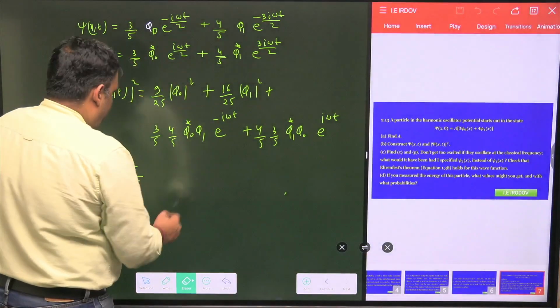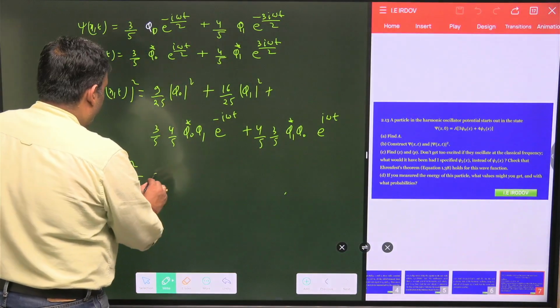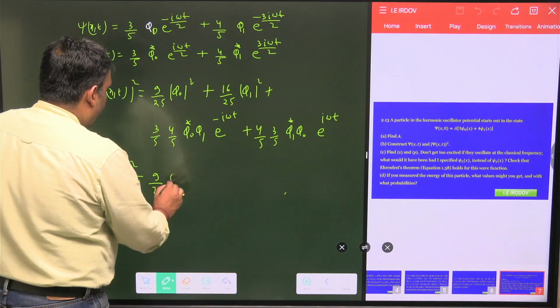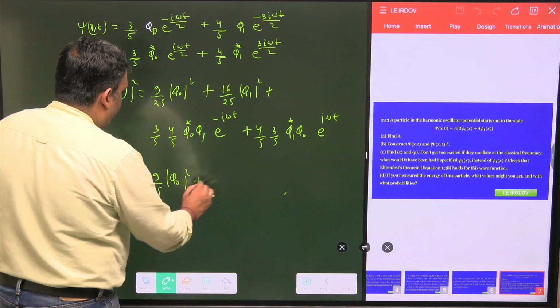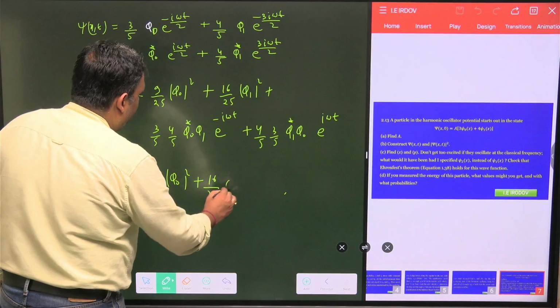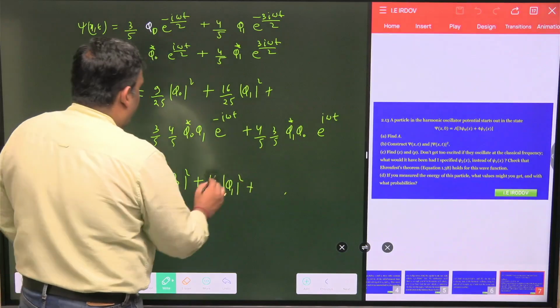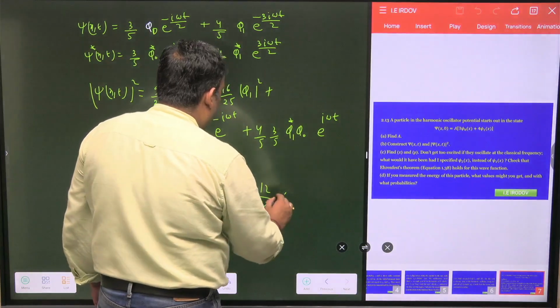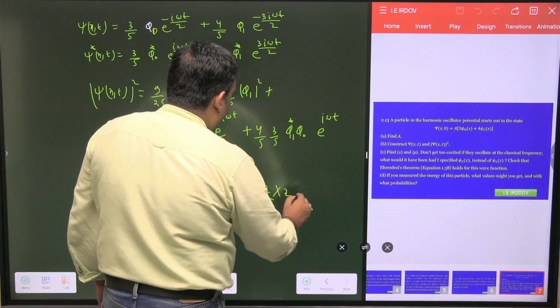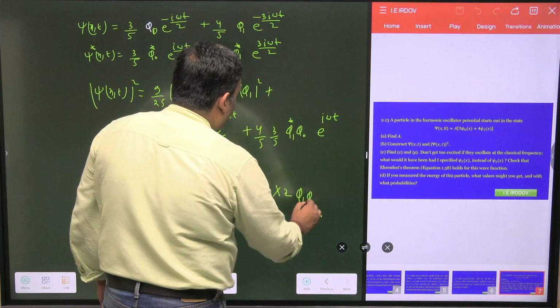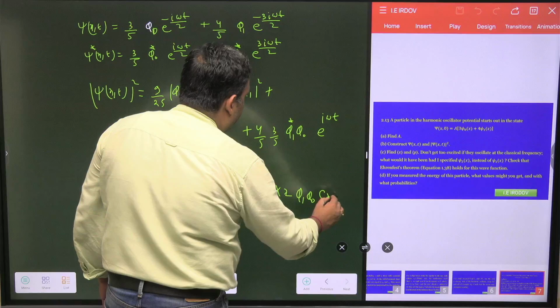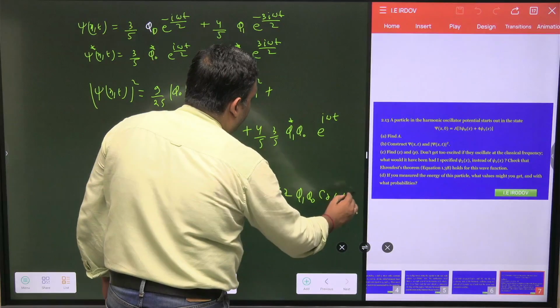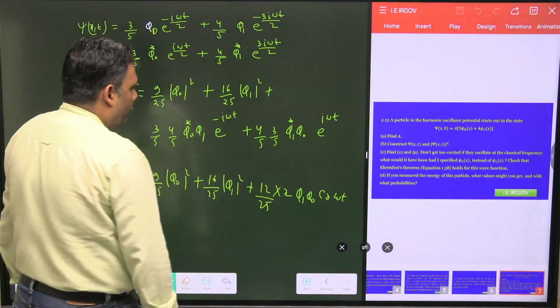So when we are taking this one as a common, then we are getting 9 upon 25 mod phi naught square, 16 upon 25 mod phi 1 square, and we can take it common, so that value is 12 upon 25 into 2, and you have phi 1 phi naught and cos omega t. So this value will be there.